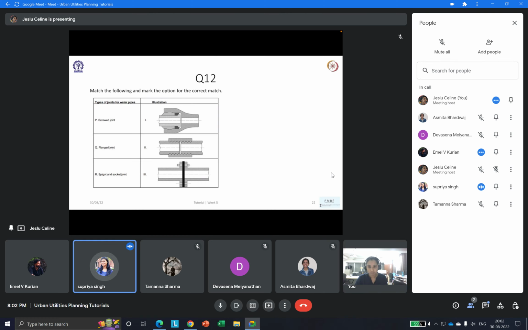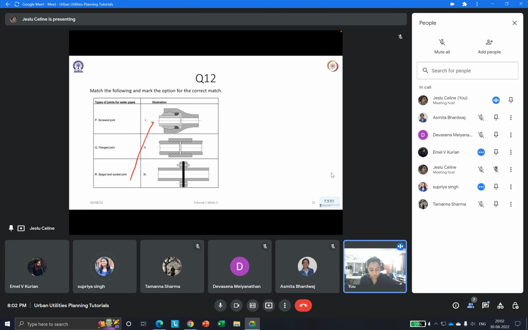P is 2, Q is 4 and R is 1. So P is 2, and R is 1. Flanged joint is 3, R is 1, and socket joint is 1.